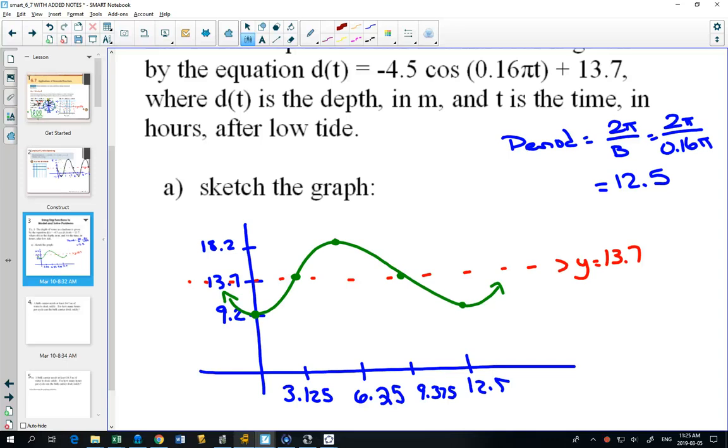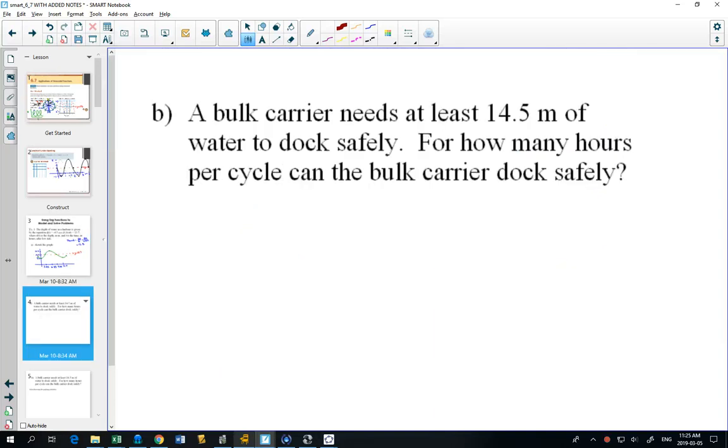Now we can answer some application questions. They've got a big ship, a bulk carrier, that needs at least 14.5 meters of water to come into the dock safely. For how many hours per cycle can it be safely in the harbor?